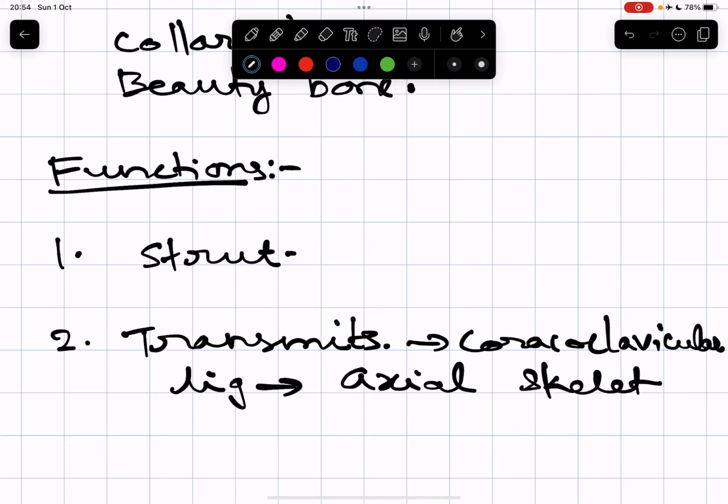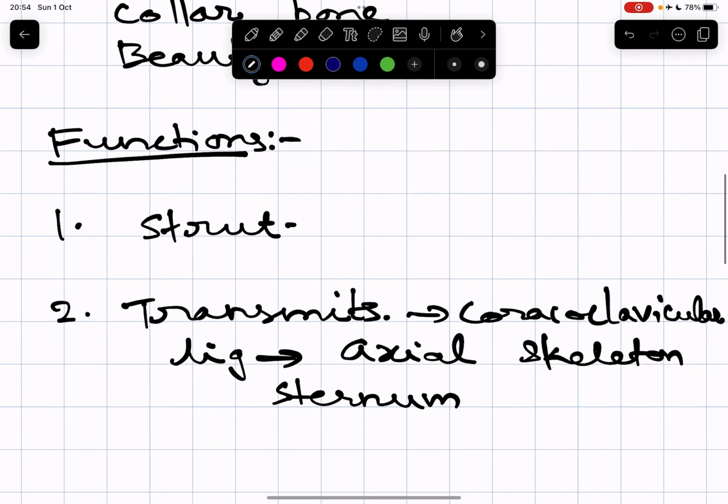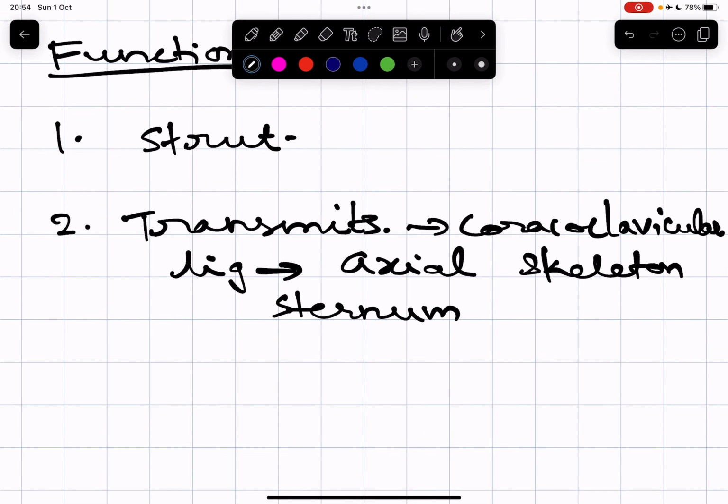To the sternum. So the clavicle transmits the weight and the force from the upper limb through the coracoclavicular ligament, and also through the medial two-third of its shaft, to the axial skeleton.